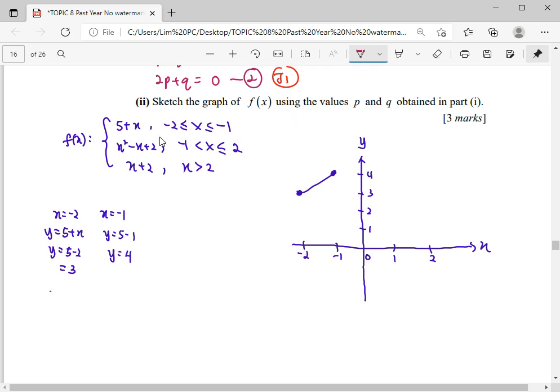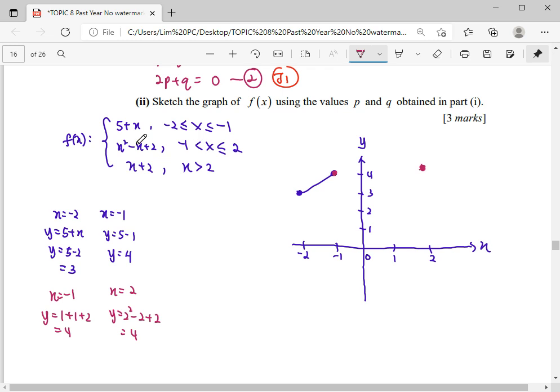So when x equals -1, our second part, the starting point, is -1 squared, then +1, then +2, so it equals 4. So they are continuous at the same point. When x equals 2, y equals 2 squared minus 2 plus 2, so it equals 4 here.